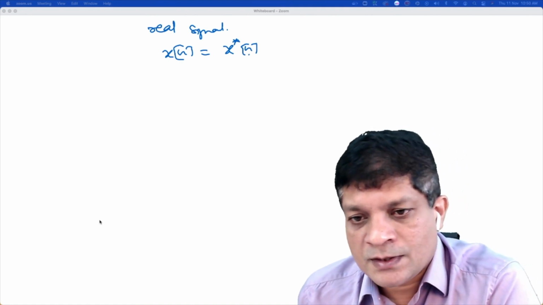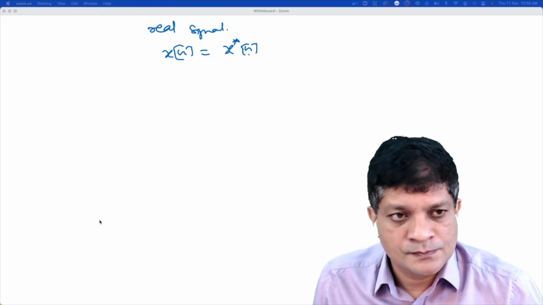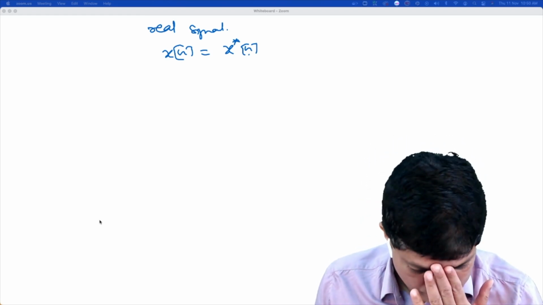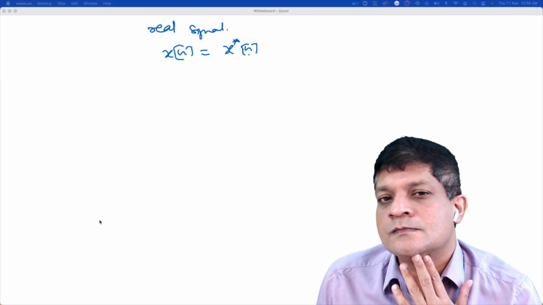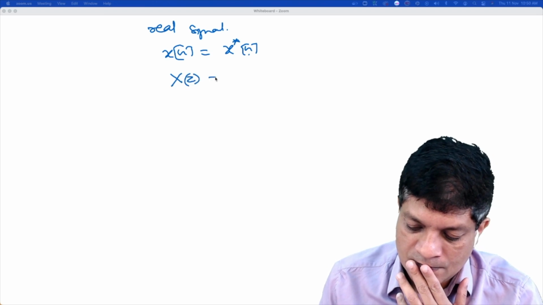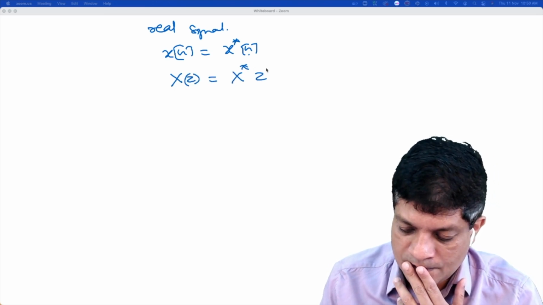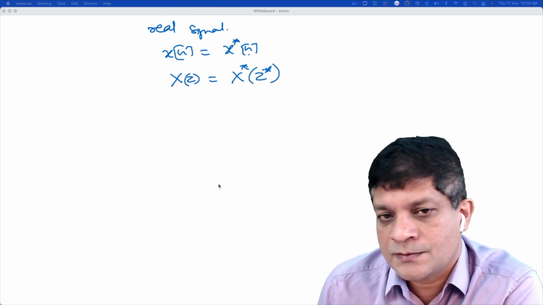If the signal is real valued, what does it mean? Location of the poles and zeros?